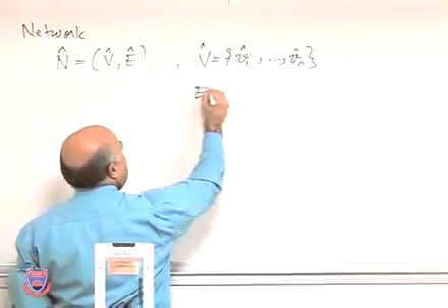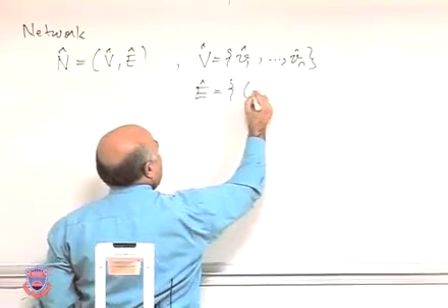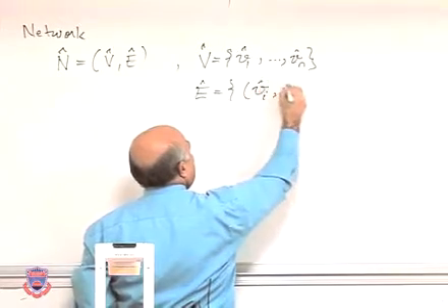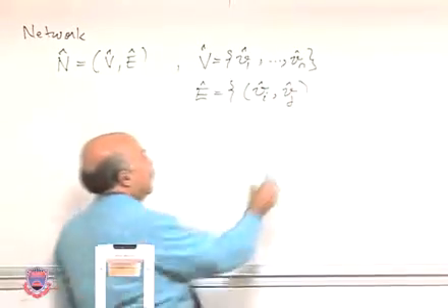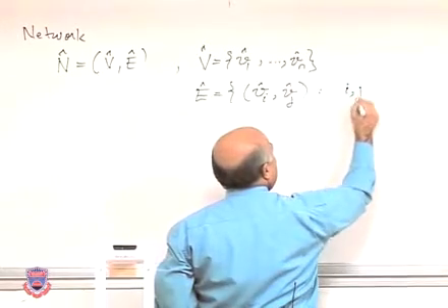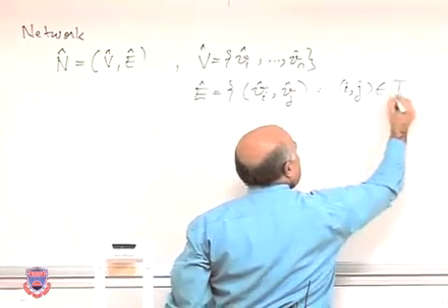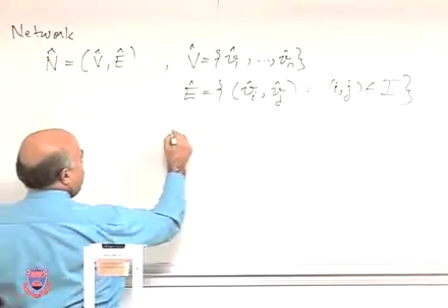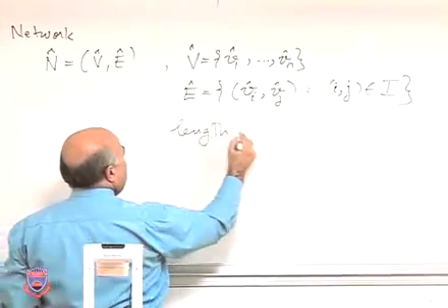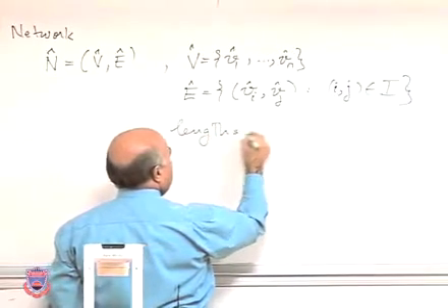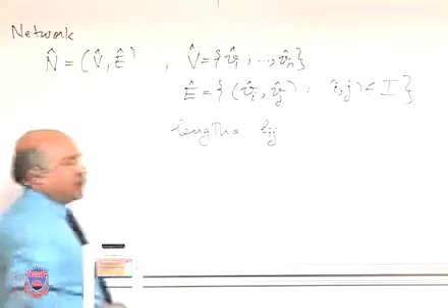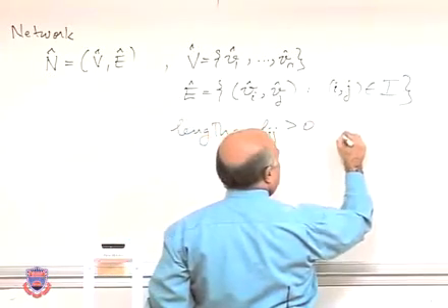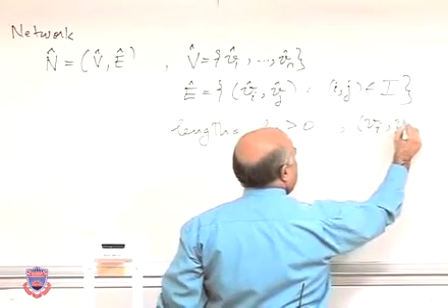The edges are undirected, and they are of the form (Vi, Vj) cap, where the pair ij comes from some set I. And we also assume length information is given. Lij is a positive length assigned to edge ViVj.